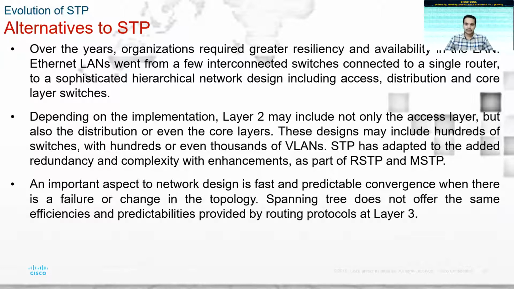Along with the networks, STP has also evolved. STP has adapted to the added redundancy and complexity with enhancements as part of RSTP and MSTP. An important aspect of network design is fast and predictable convergence when there is a failure or change in the topology. Spanning tree does not offer the same efficiency and predictability provided by routing protocols at layer 3, but it does a good job at layer 2 topologies.